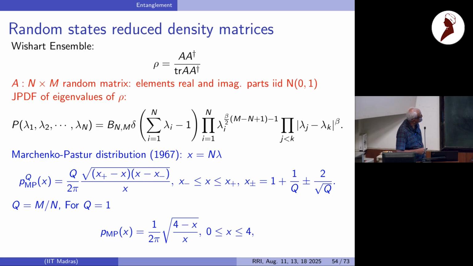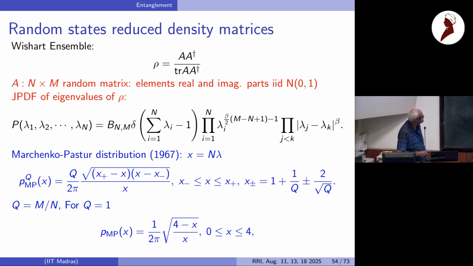There's a joint probability distribution of this, which can be derived in a similar way to the one I derived for the other case. Here, the delta function is telling you that the trace has to be 1, so the sum of lambda_i equals 1. This is coming again from the Vandermonde kind of determinant, |lambda_j minus lambda_k| to the power of beta, and again beta takes the value 1 for time reversal symmetric, 2 for unitary, and 4 for symplectic.